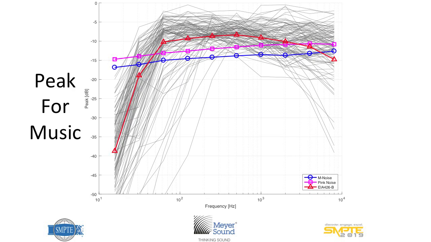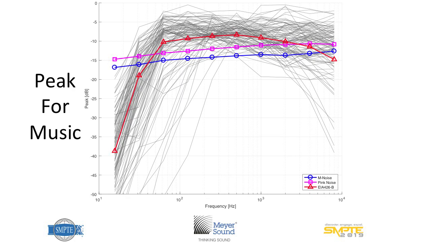And you'll see, compare that to the red line. The simulated program material was very much in the middle of all that data before for the RMS levels, and now the peak levels are all exceeding the simulated program material.